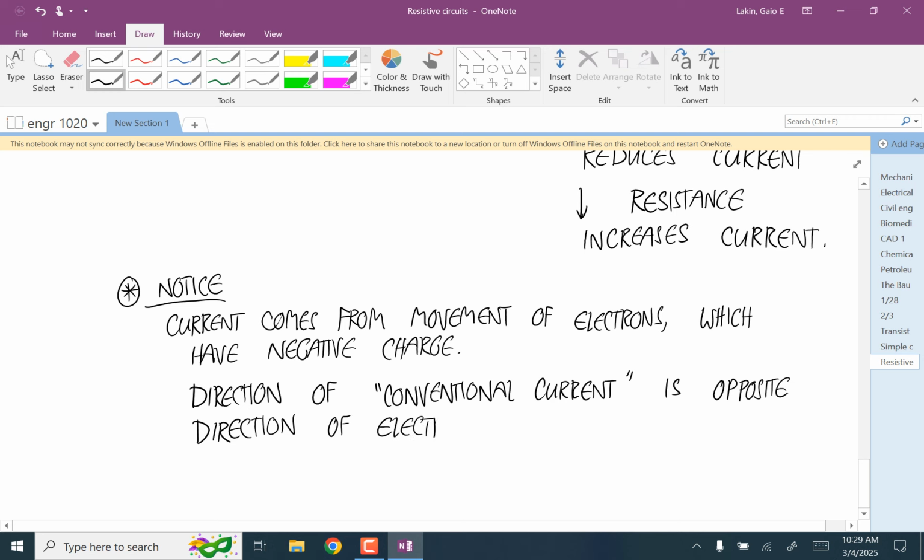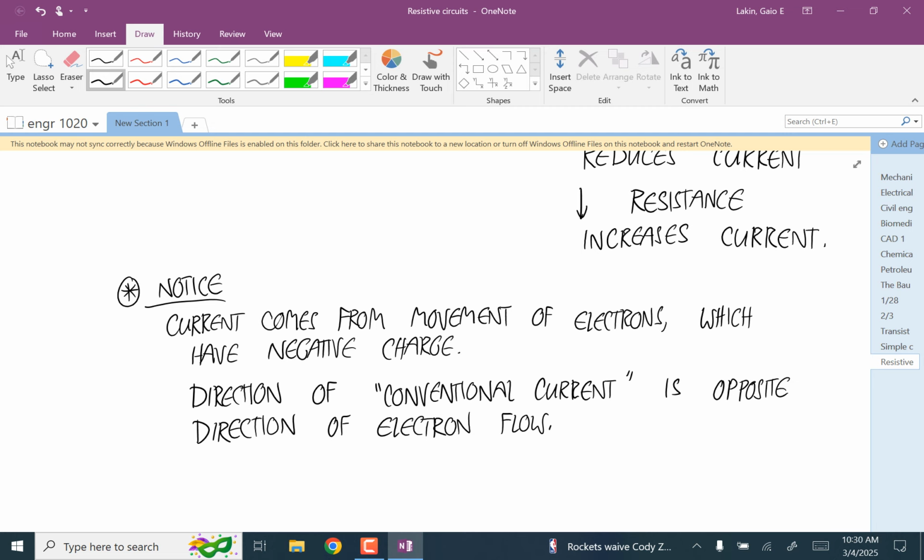Everything that we're going to do in this class, we're going to think in terms of conventional current. We're going to think as if there were positive charges moving around, and that's what electric current is. That's really the opposite of what's happening. Really, negative charges are moving in the opposite direction, but there's no reason for us to think about it that way.